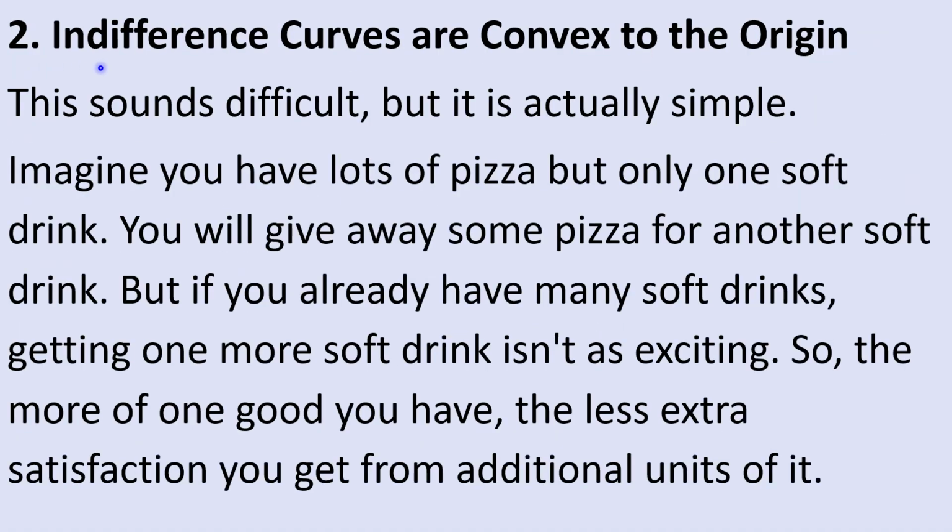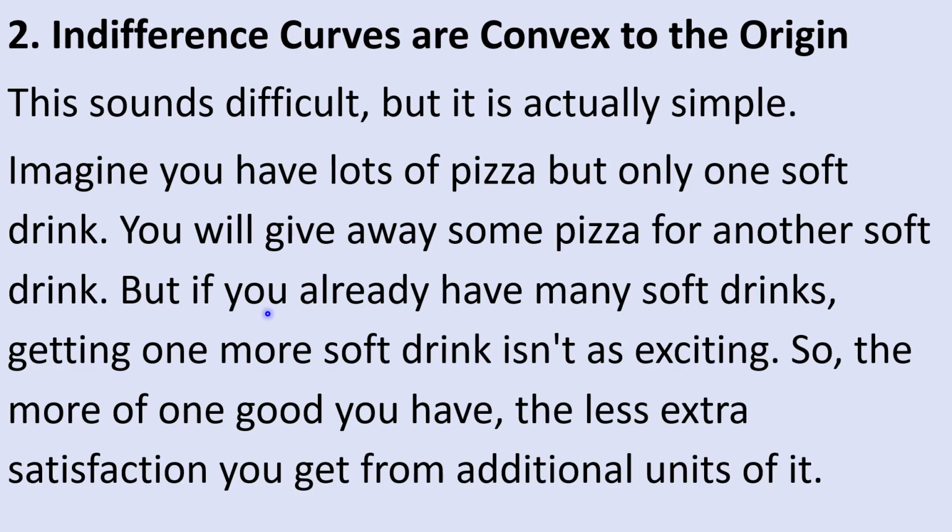Number 2. Indifference curves are convex to the origin. This sounds difficult, but it is actually simple. Imagine you have lots of pizza but only one soft drink. You will give away some pizza for another soft drink.